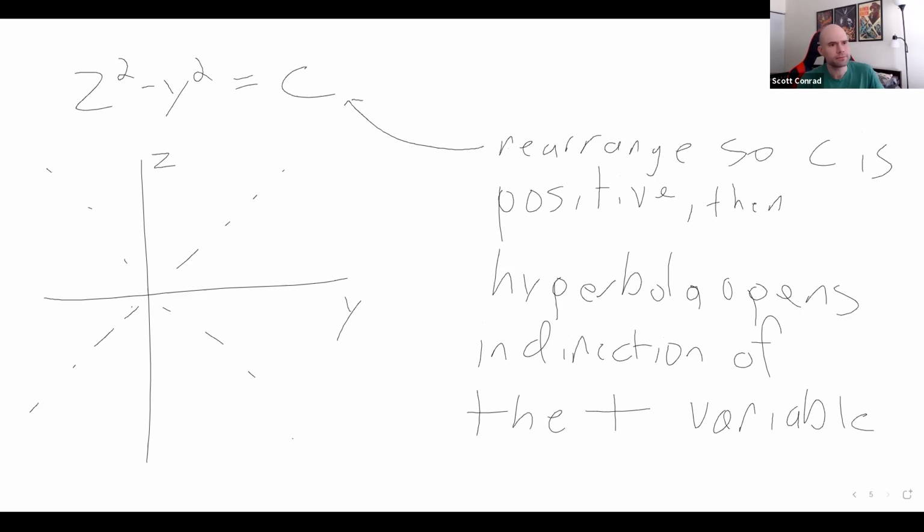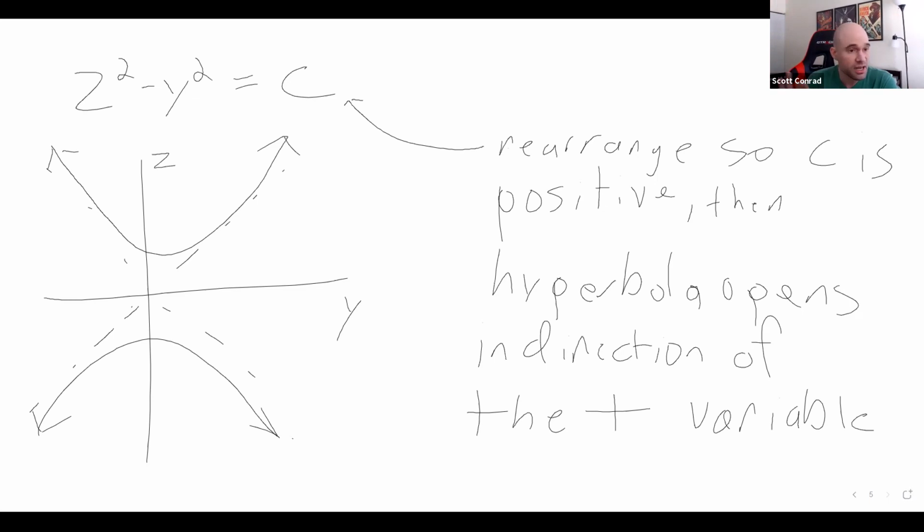When I say positive, I mean z squared in this case, right? Z squared minus y squared equals c. So z is the positive guy. That's our hyperbola. So it's going to approach the asymptotes, and it's going to open in the positive and negative z direction.